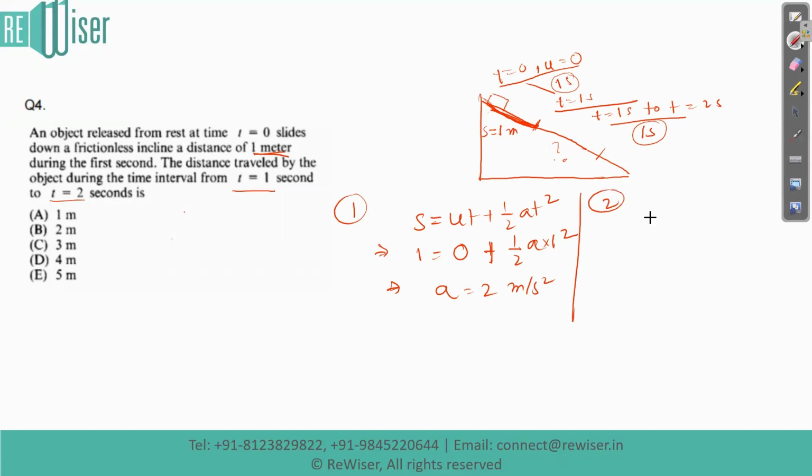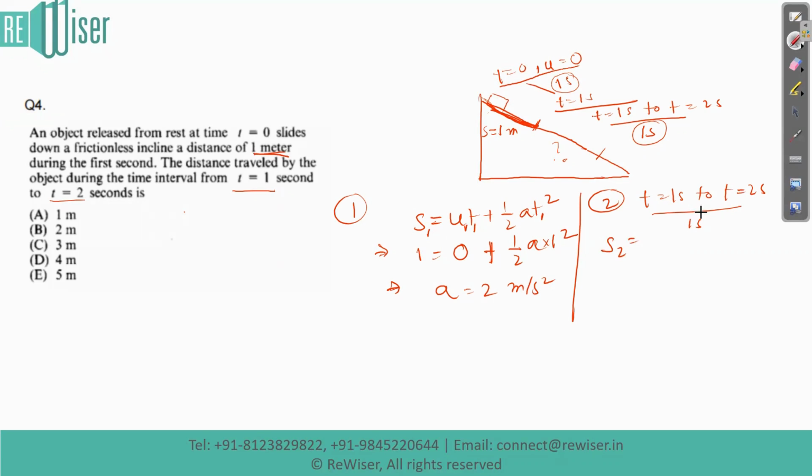Now in the second case, that means t equal to 1 second to t equal to 2 seconds, in this time interval of 1 second, what is the distance traveled? Since it is accelerating, we are again going to use this formula. This time we want to find out, let us consider this is S1, this is U1, T1 here. So we are going to use this acceleration here to find out S2.